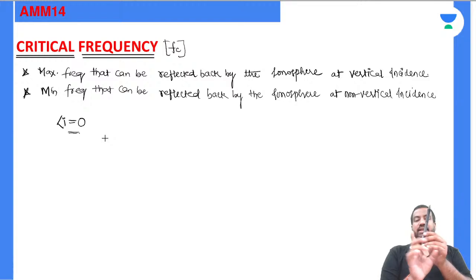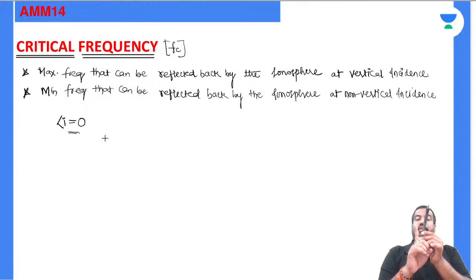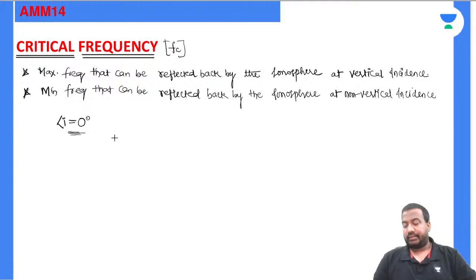If it is sent like this, this is the angle, more angle. The moment I am trying to straighten up, this index finger is showing you the incidence, the angle is decreasing. At vertical incidence, angle is 0. That is called vertical incidence. Incident angle is 0 degrees.